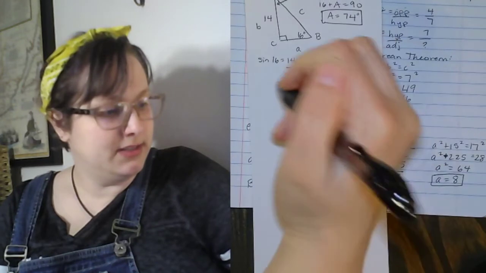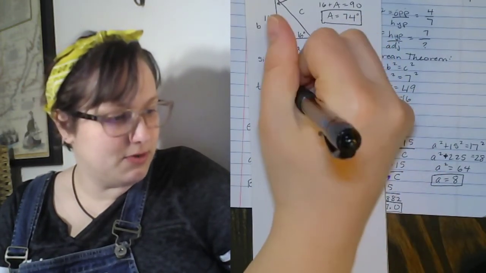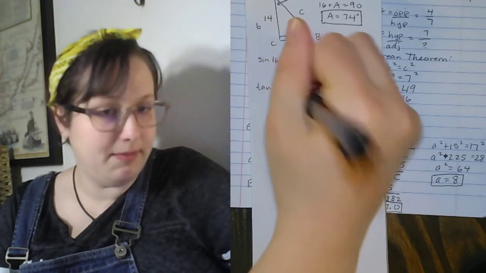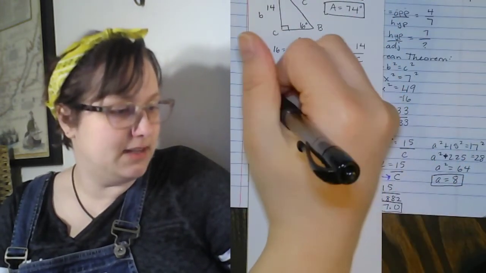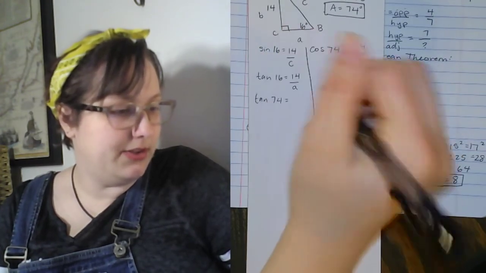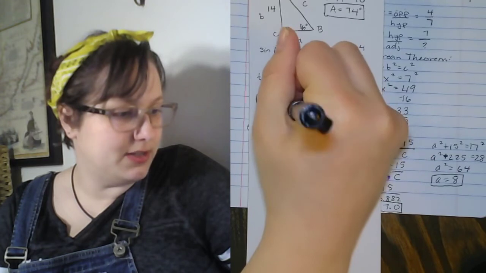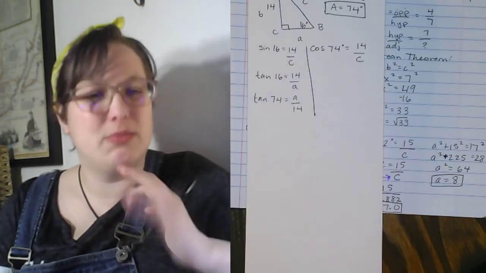You could have done tangent 16 equals 14 over a. Or tangent of 74 equals a over 14. Those are your 4 real options.